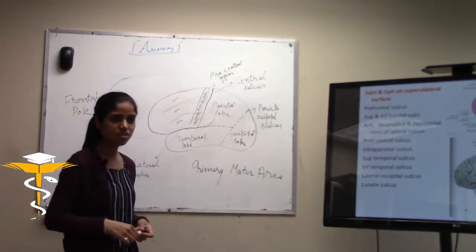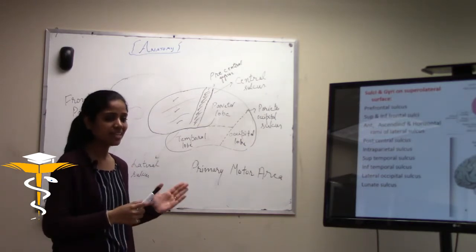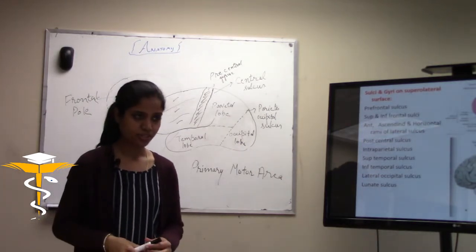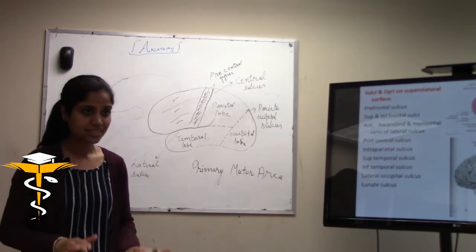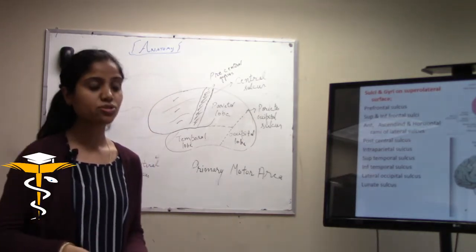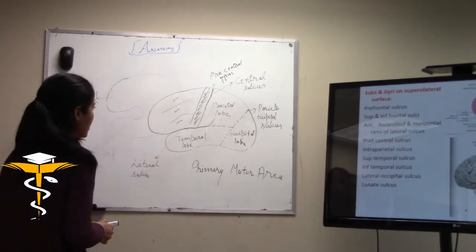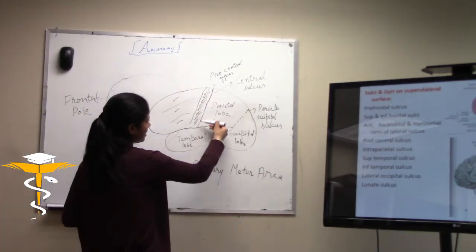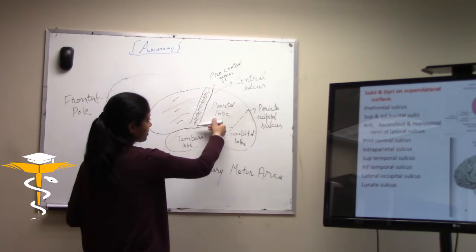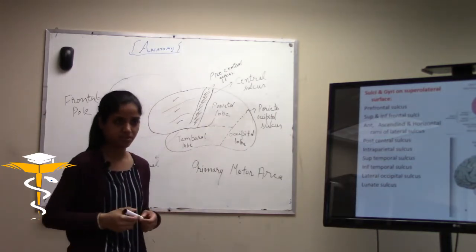These neurons will stop functioning, ultimately leading to paralysis of the body. In that condition, a person will not be able to move his body. He will not be able to do any voluntary movement if there is any damage to the precentral gyrus or the primary motor area of the cerebrum, right?